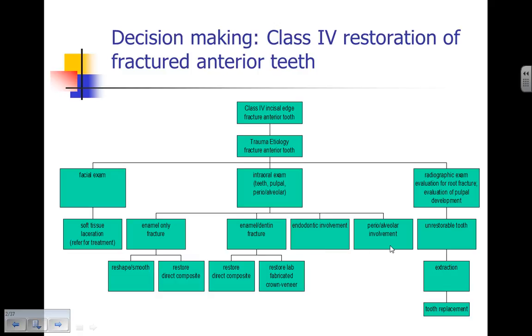In the most severe instance of a Class 4 traumatic fracture, the tooth in fact may be unrestorable and need to be extracted. This is extremely traumatic, as you can imagine, especially since the teeth are in the anterior aesthetic zone. And the patient's going to want to know, how can I replace that single missing tooth?